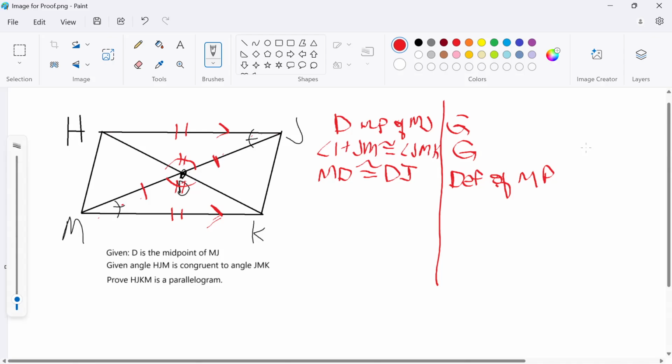And then I know that angle HDJ, and again, you might have to put the measure of angle HDJ is the same as the measure of angle MDK. It's vertical angles. Definition of vertical angles.